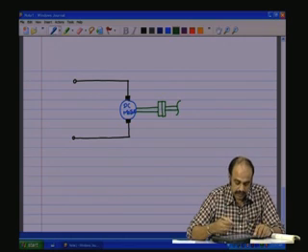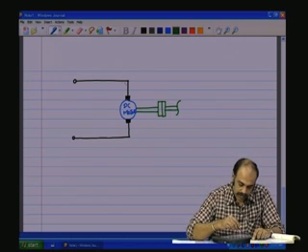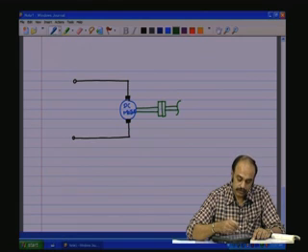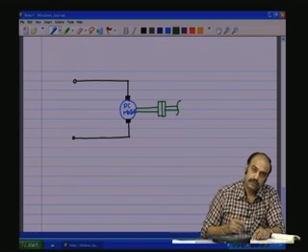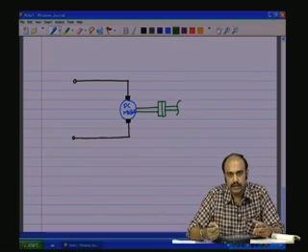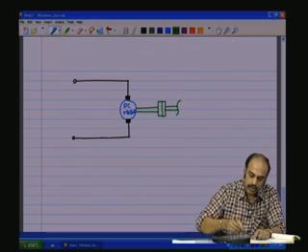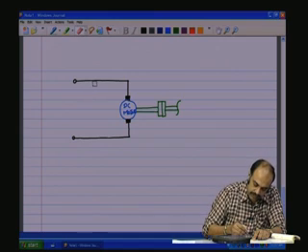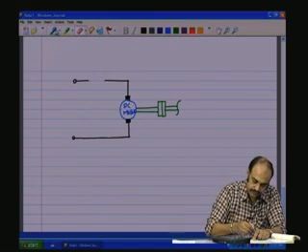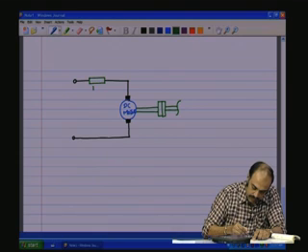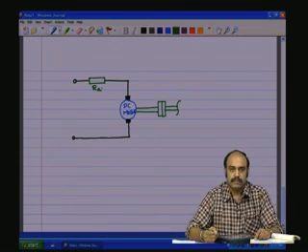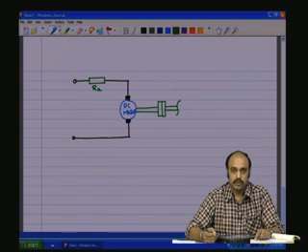Now, like in a DC generator, this wire is connected to the brush, and the brush is connected to the commutator segments, and the commutator segments are connected to the coils of the armature, and therefore the coils of the armature will have a finite resistance, the winding resistance, which we shall represent as a resistance in series, R A, the armature winding resistance.